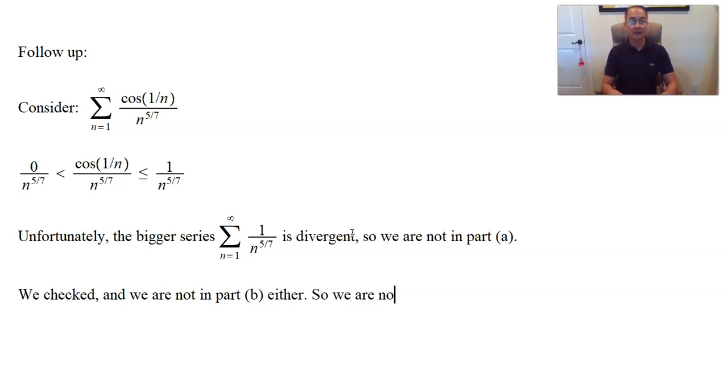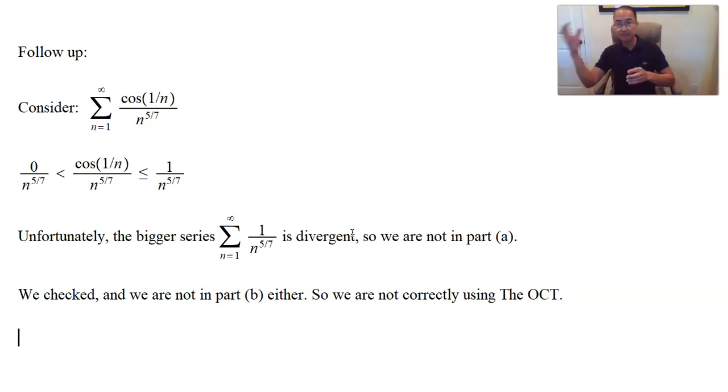So we are not correctly using the comparison test. You have to make it work. If you are going to compare your series to a bigger series, that bigger series had better be convergent. If you want to compare it to a smaller series, that smaller series had better be divergent. So we have this series. We know it's divergent, but we know it's not bigger.